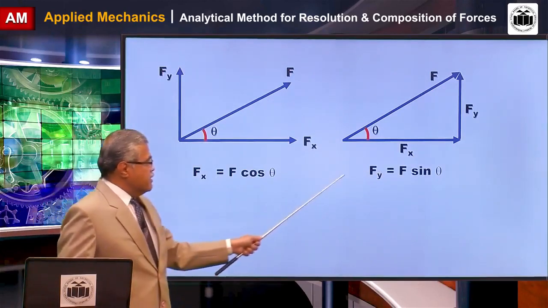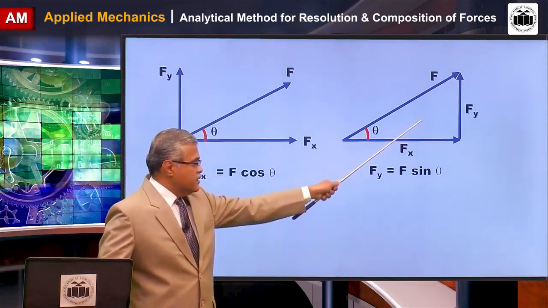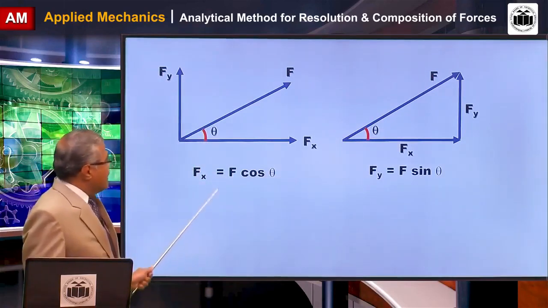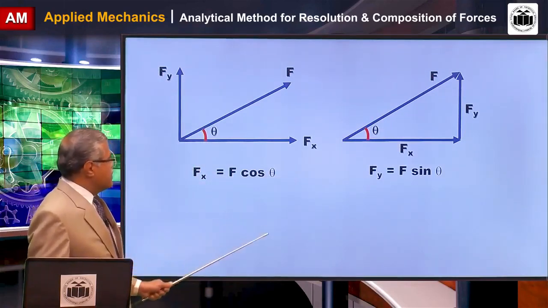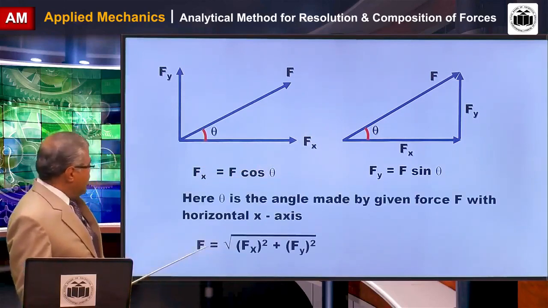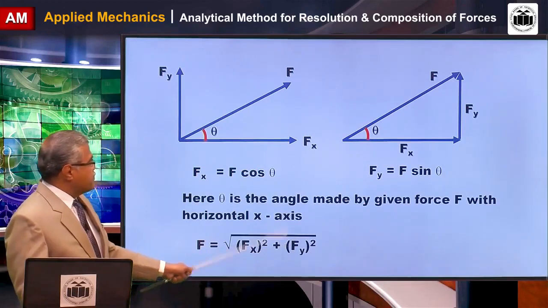As we know, these Fx and Fy should not change the effect of this given force F. So according to the trigonometric equation, we can find the value of F, and F is equal to square root of Fx square plus Fy square.